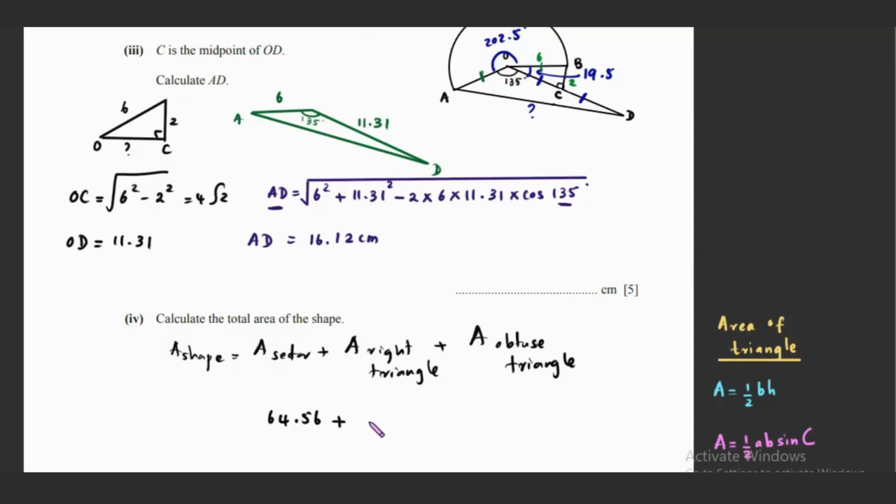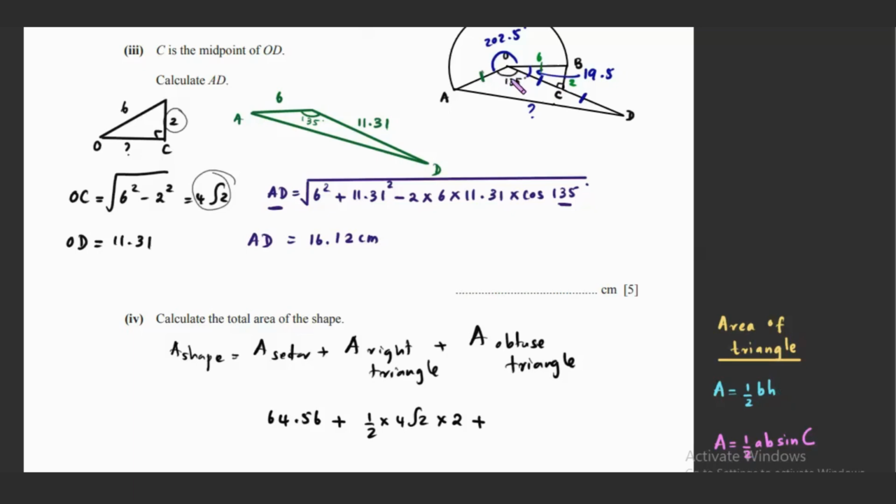With that, we need to add the area of the right angle triangle. To calculate the area of the right angle triangle, we use the formula half times base times height. So half times base is going to be this OC. We found OC as 4 root 2. So I'll write it like that, 4 root 2 times the height, which is going to be this 2. With this, I need to add the area of the obtuse triangle. In this obtuse triangle, we cannot use half times base times height because the perpendicular height is not known to us.